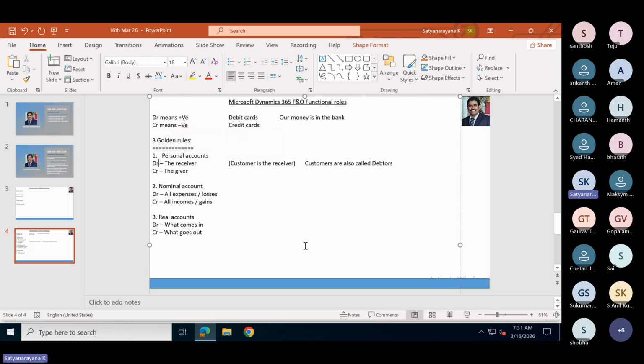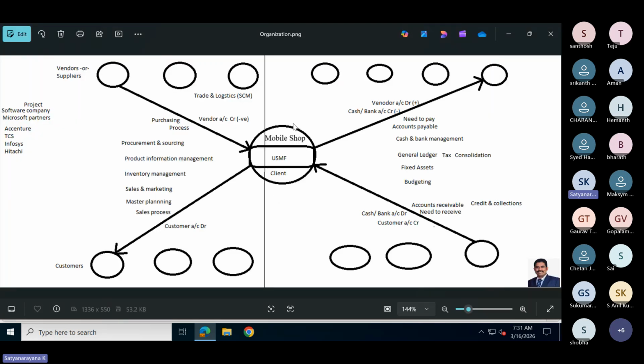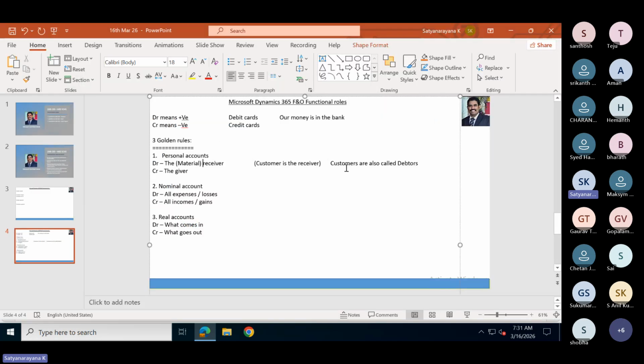Here, I'm adding material receiver. Who is receiving material if you are running a business? Customer is receiving. So customers are debtors.